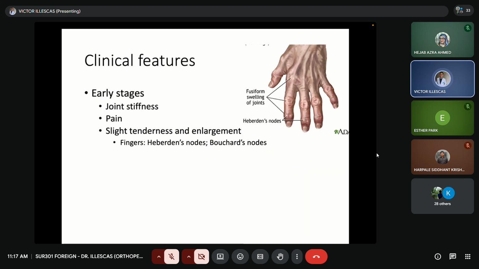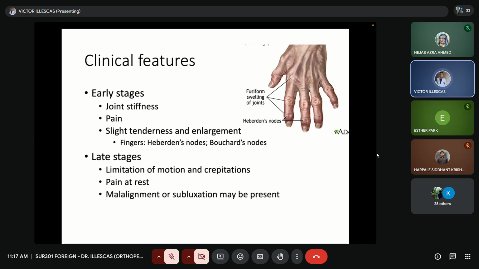In the early stages, there will be stiffness and pain. If you notice, other than the big bones, there may be associated small bone affectation, seen with the hands here, with the Heberden's node and the Bouchard's node. But in late stages, there's already significant limitation of movement and some crepitation.